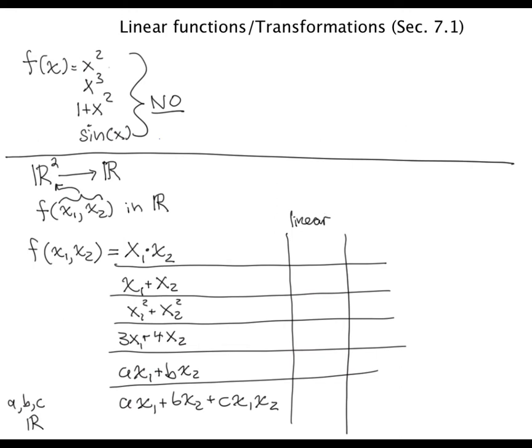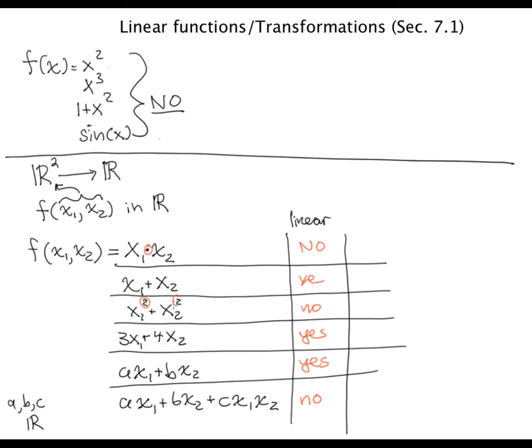Well, let's see. x1 times x2, no. Yes. No. Yes. Yes. No. And I'm not going to work this out in detail. I'll just say what's the problem. This multiplication messes this one up. This one's fine.